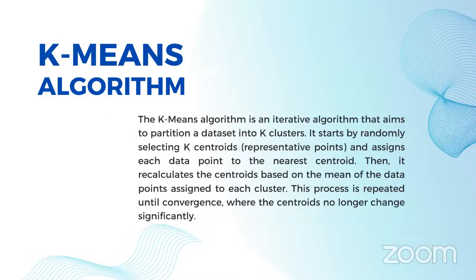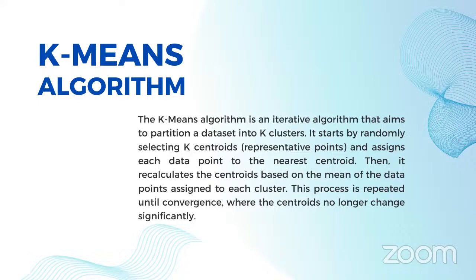So for now, we will move towards what the k-means algorithm is. The k-means algorithm is an iterative algorithm that aims to partition a dataset into k clusters. K means the number of clusters.